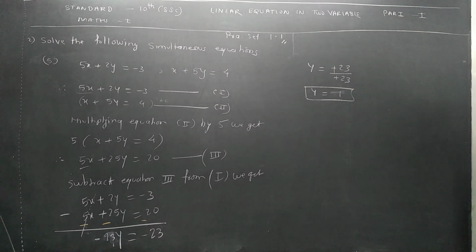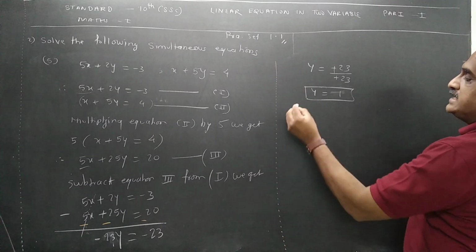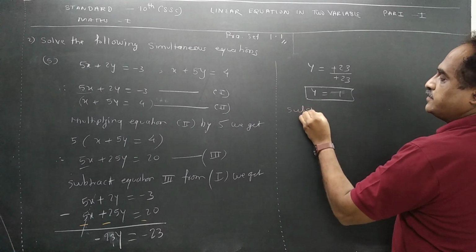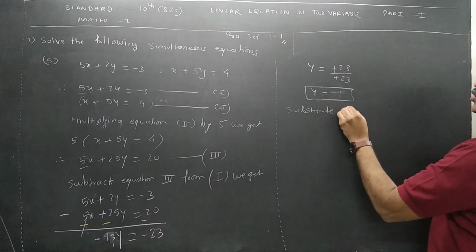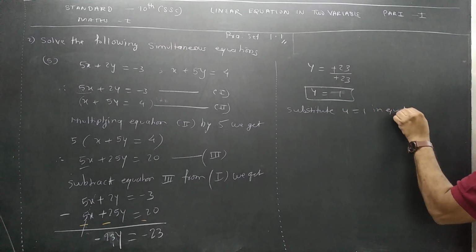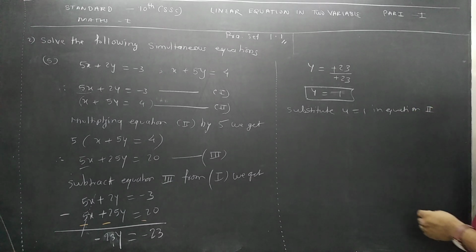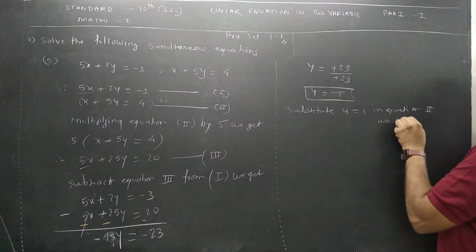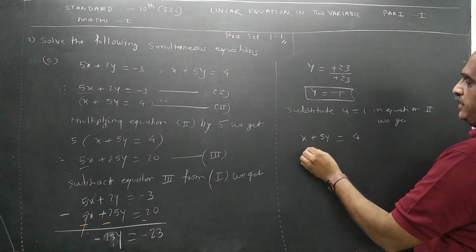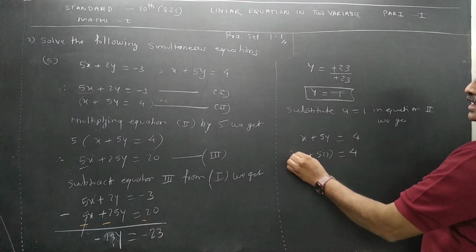Have you understood this? Now, what are you going to write? Subtract. No, substitute. Substitute y is equal to 1 in equation 2. According to me, equation 2 is a very simple equation. We get, see, x plus 5y is equal to 4. x plus 5 into 1 is equal to 4.